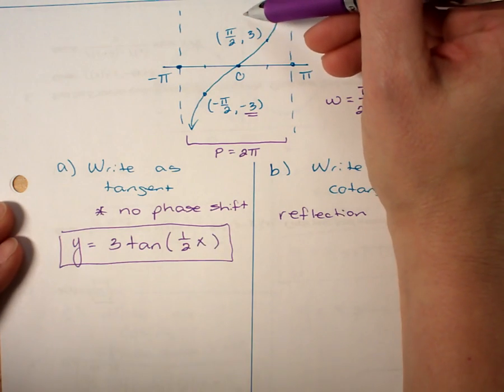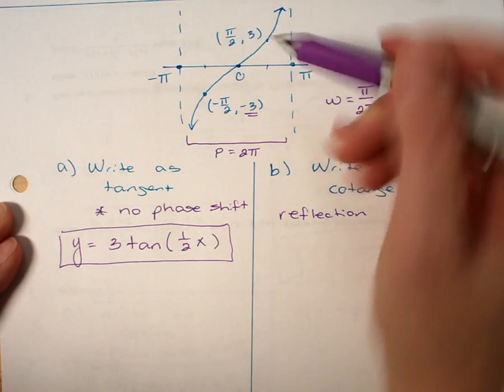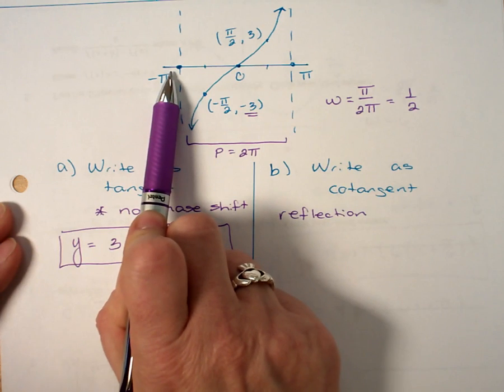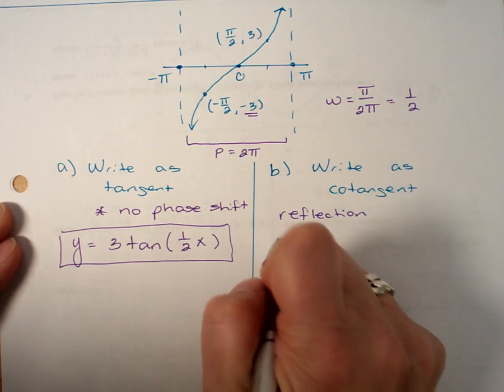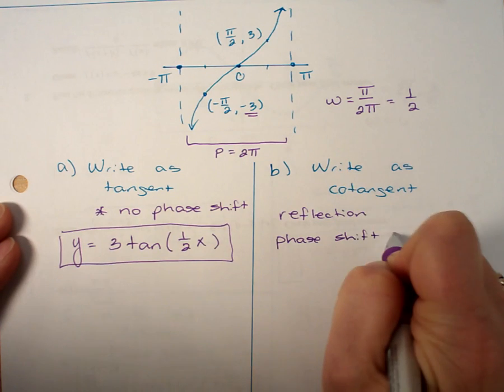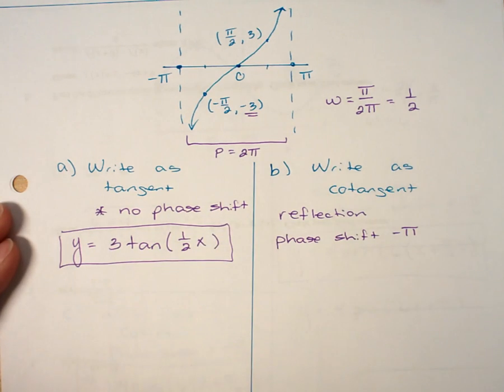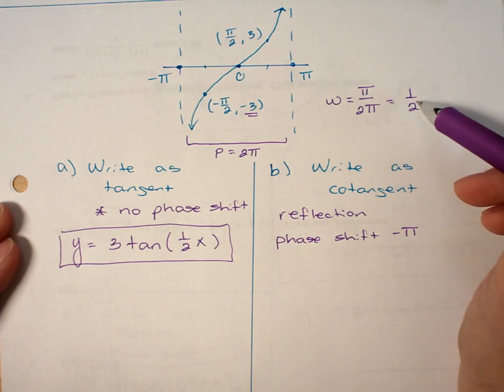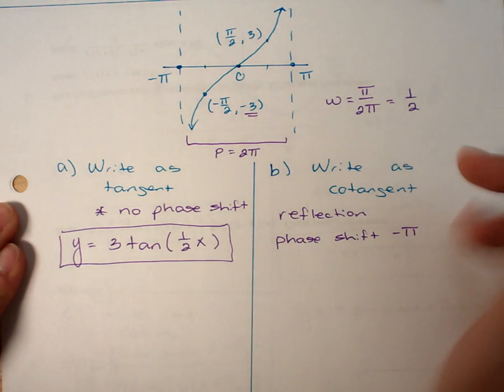But instead of having my asymptote at 0, 0, I can see that my asymptote has been moved back pi. So this graph has a phase shift of a -pi. The period's still going to be the same. That's not changing for me.